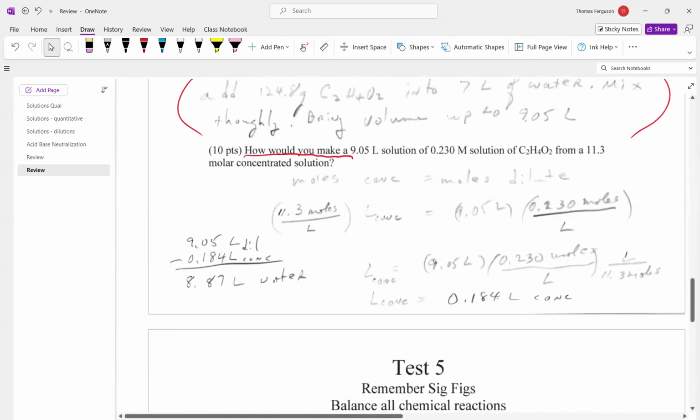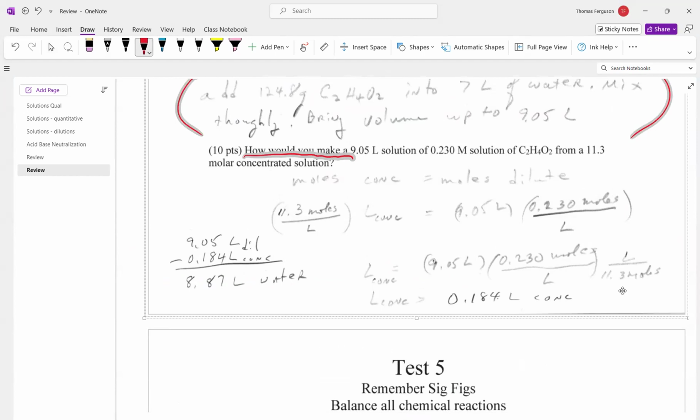The moles of concentrate: we don't know the volume of concentrated stuff to start with, but we do know the concentration of it. The concentrated is 11.3 moles per liter, and multiply that by the unknown liters gives us moles. And that's equal to the dilute side, which we want 9.05 liters at 0.23 moles per liter.